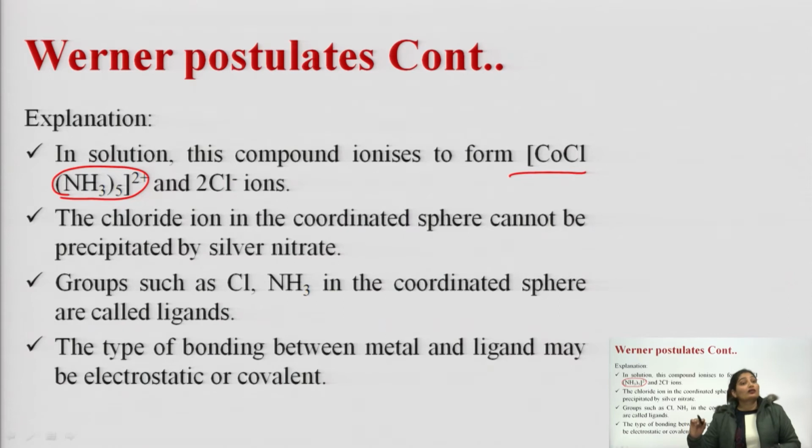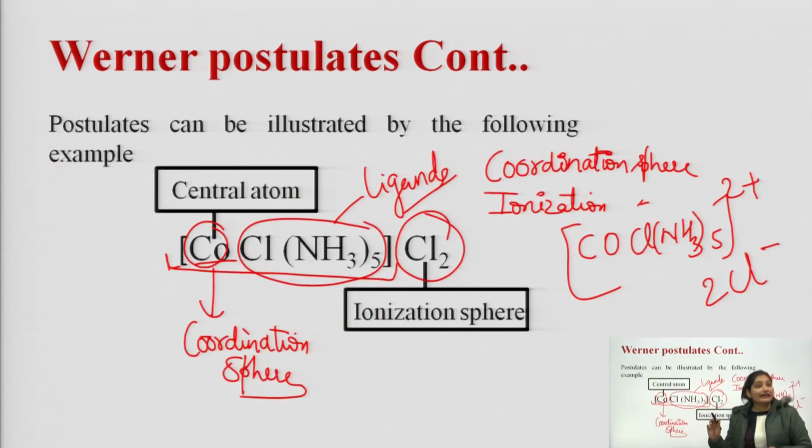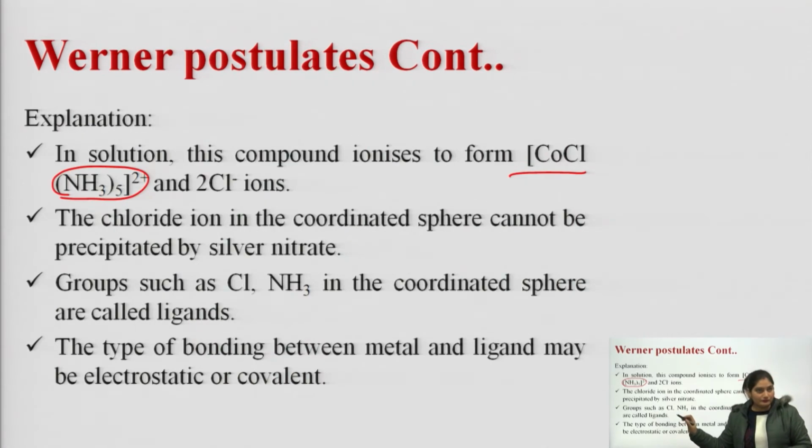And the chloride ion in the coordination sphere can't be precipitated by silver nitrate, meaning I am talking about the chloride ion that is present in the coordination sphere. It cannot be precipitated by silver nitrate.